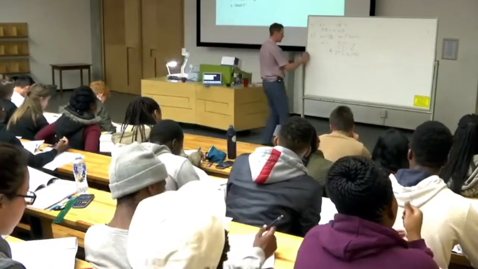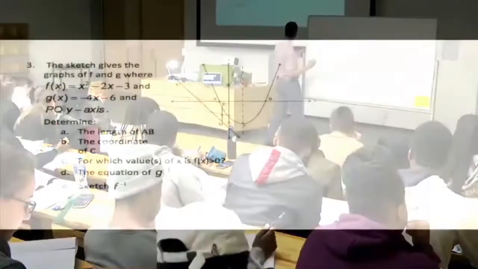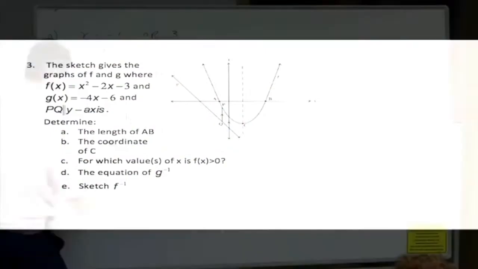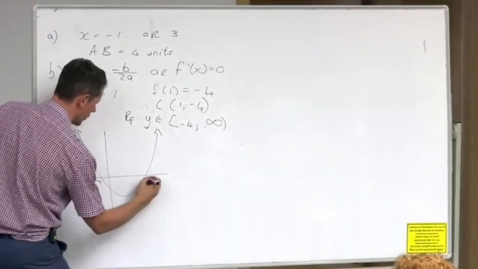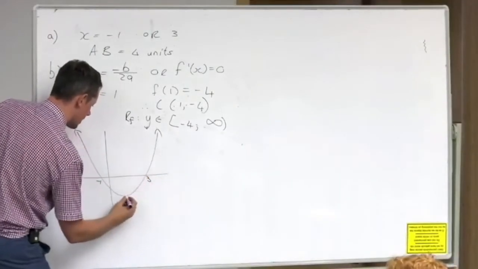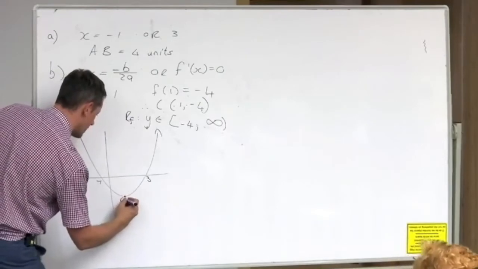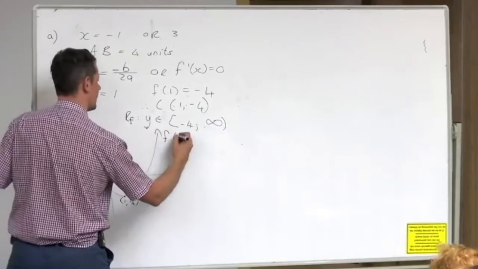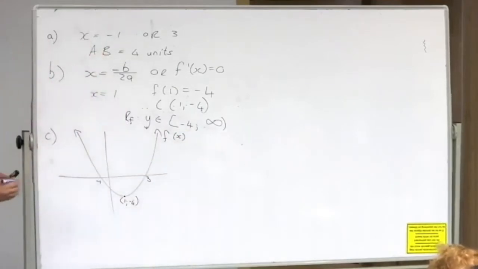Now when we get to the C part, I'm just quickly going to redraw f. So there's -1, there's 3, there's 1 and -4. There is f. Okay?